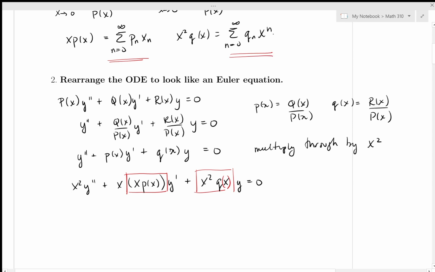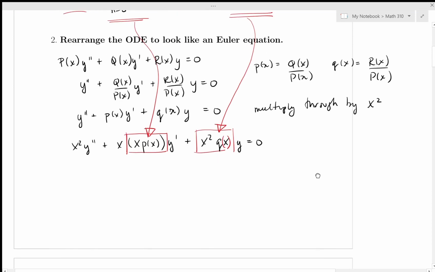So I am going to substitute the power series in here. This is x squared q of x, and here is x squared q of x. This is x p of x, and this is x p of x. I'm going to substitute in those power series, which I know converge because x equals 0 is a regular singular point.